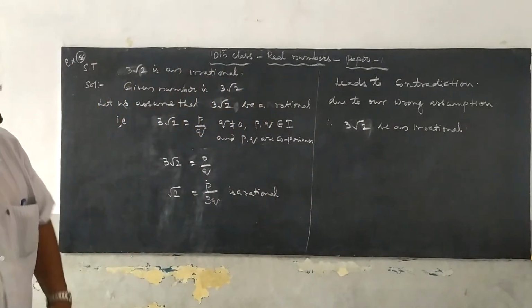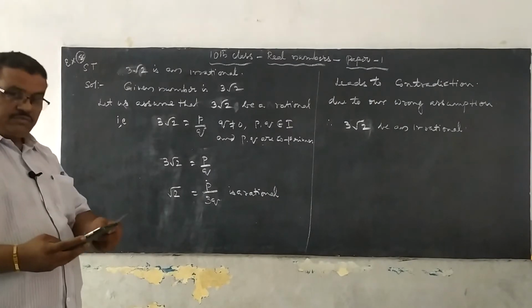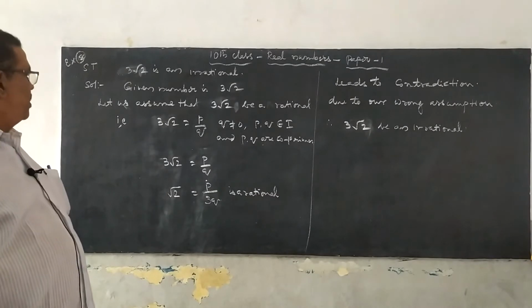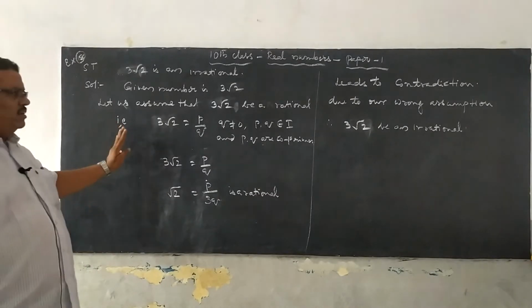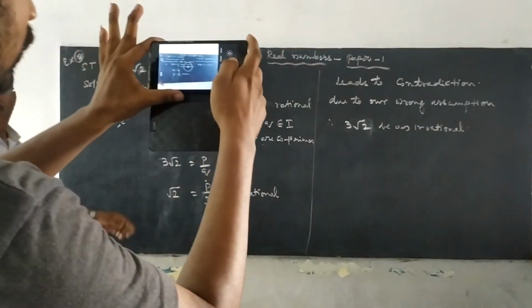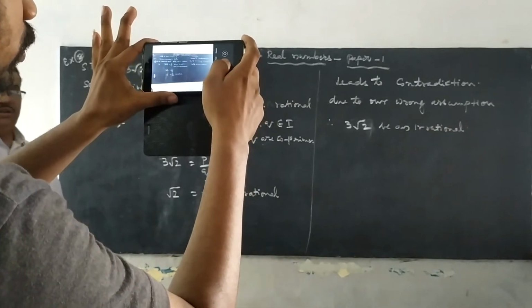This is another problem, example 8. You also have to note this down. Same model, there is no change here. Given number is 3 root 2. Let us assume 3 root 2 be a rational.